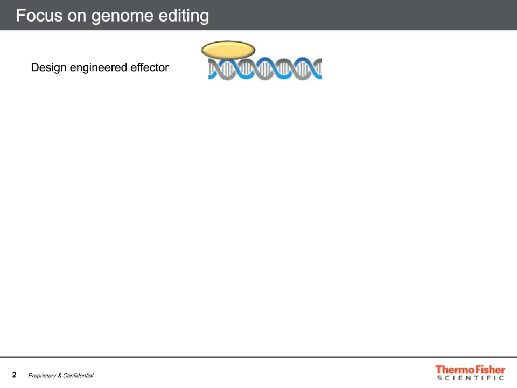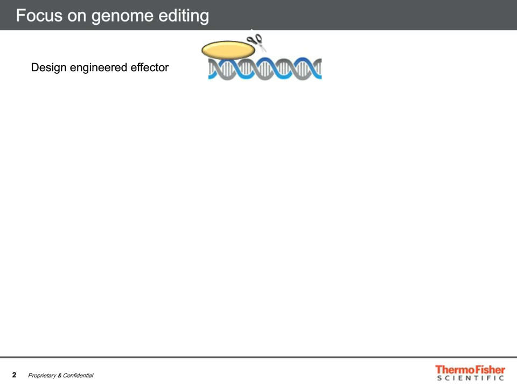The activities, these enzymatic activities or fluorescent activities or labeling activities could be activators, transcriptional activators. They could be transcriptional repressors. They could be labels, as I mentioned. Today what we're going to discuss is specifically delivering nucleases that create breaks in the DNA.